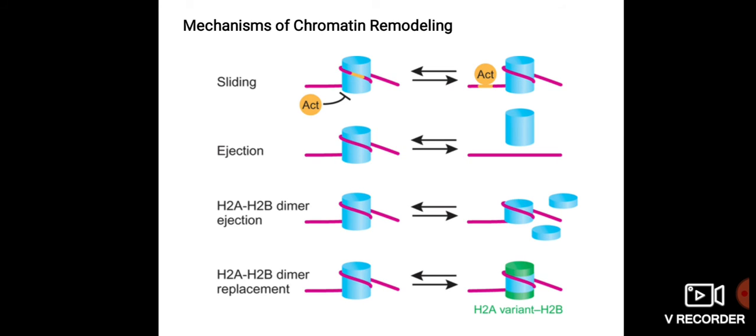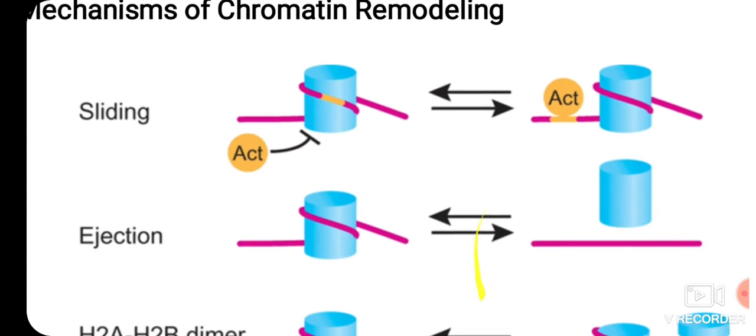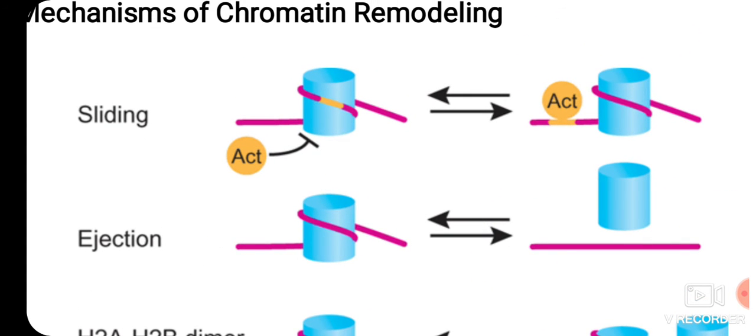So you can see here the mechanism of chromatin remodeling. It can happen by sliding, wherein the orange region is the promoter region covered with the blue nucleosomal structure.